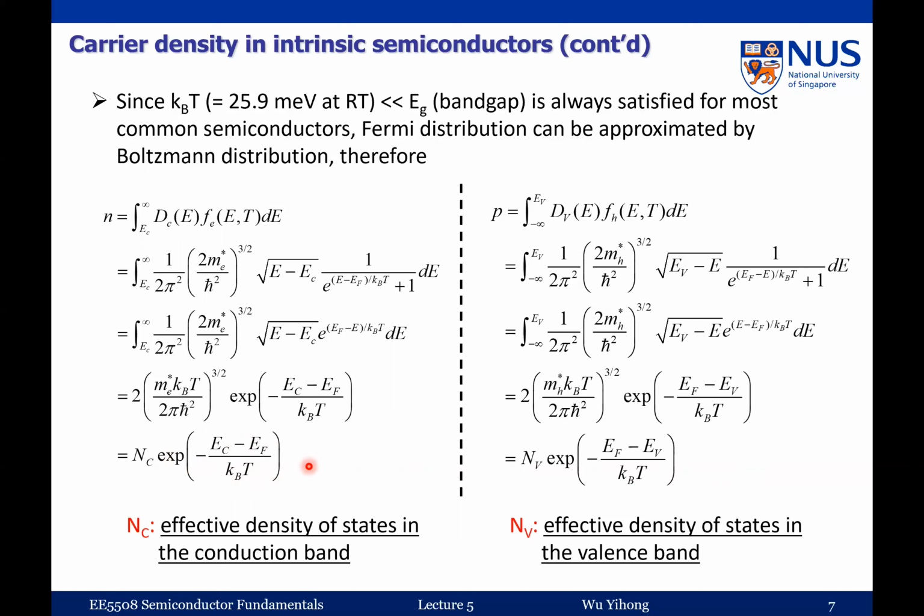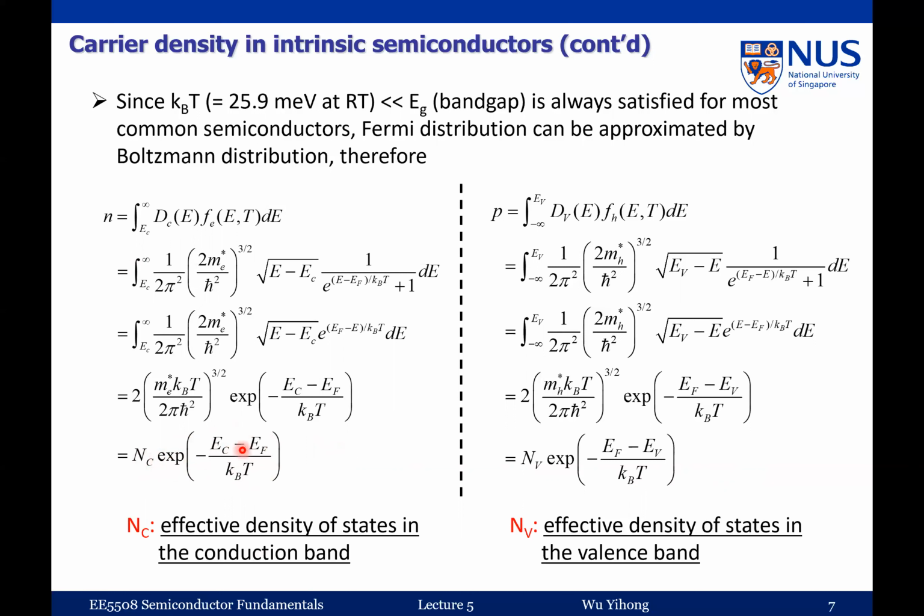Obviously, when EC minus EF is positive, this whole thing will be a small number. It means that when EF is below EC, or far away from EC, this will be a very small number, and multiplied by the prefactor, you get a very low carrier concentration, right?